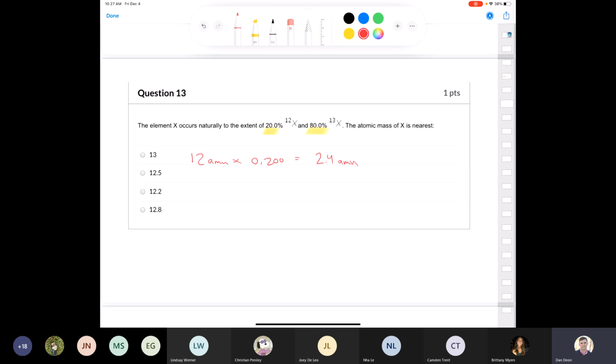Then if I take the isotope with an atomic mass of 13 times 0.800, that gives me 10.4 AMU. Then I can tally those two up to get the weighted average, and it gives me 12.8 AMU. All right, which is right there.